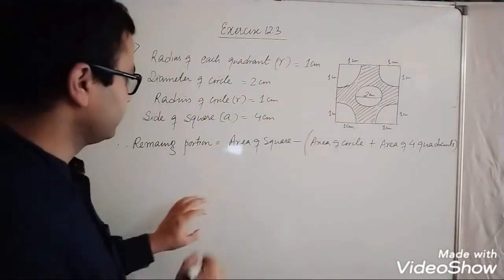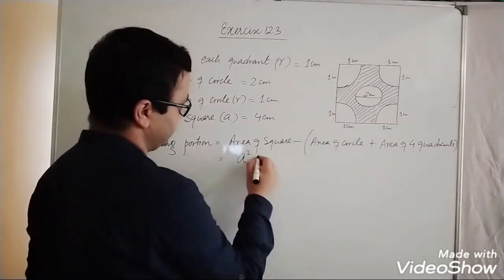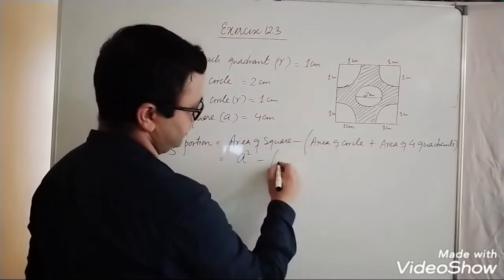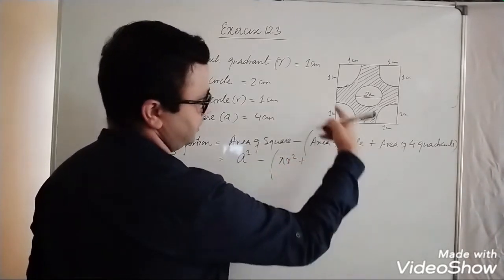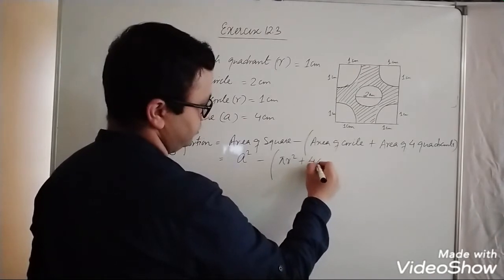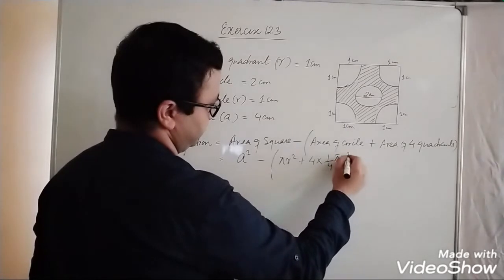Now apply the formula. What is the area of square? It is side square, a square, minus, so area of circle is pi r square, plus there are 4 quadrants, that's why 4 times 1 by 4 pi r square.